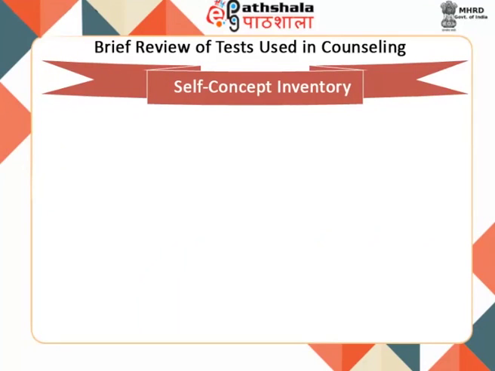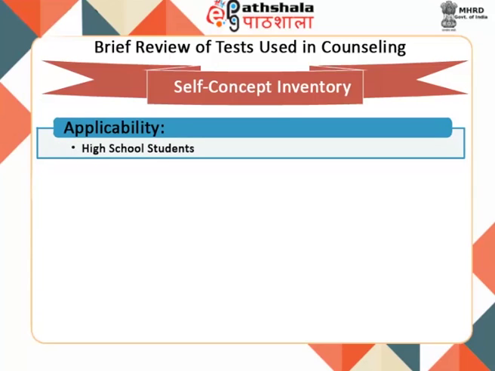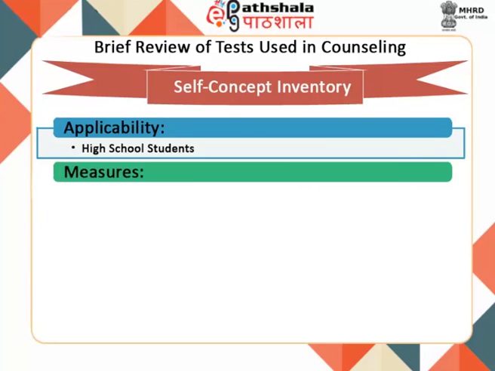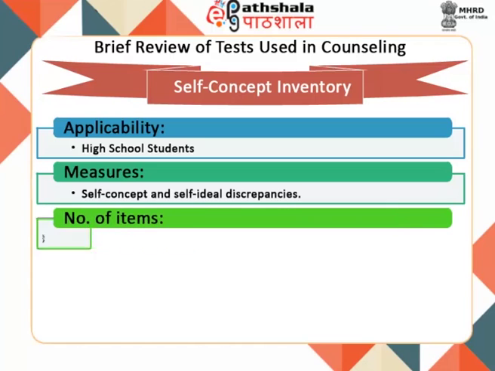Self concept inventory. Applicability: high school students. Measures self-concept and self-ideal discrepancies. Number of items 68.